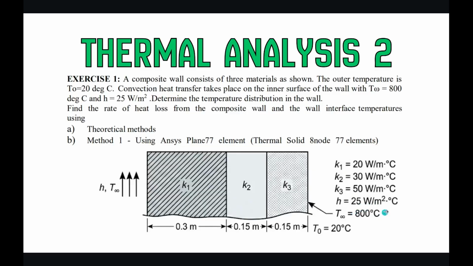The fixed temperature for the right part is also given, and the thickness of each layer is given in the problem. We'll be finding the rate of heat loss from the composite wall and the wall interface temperatures. Let's start the thermal part in ANSYS.